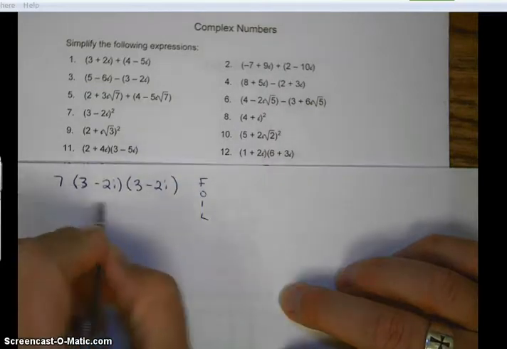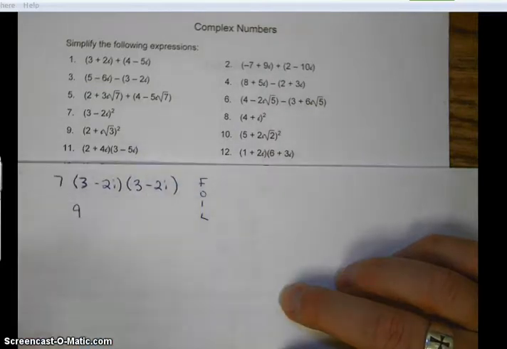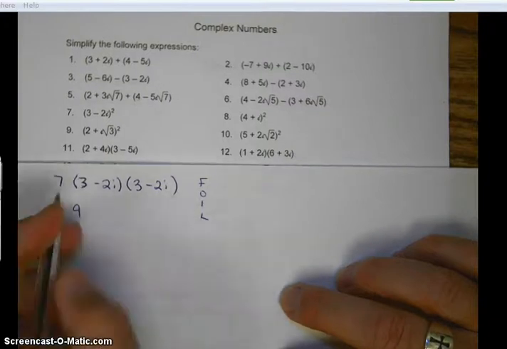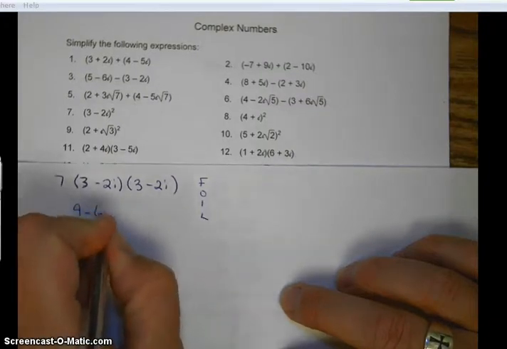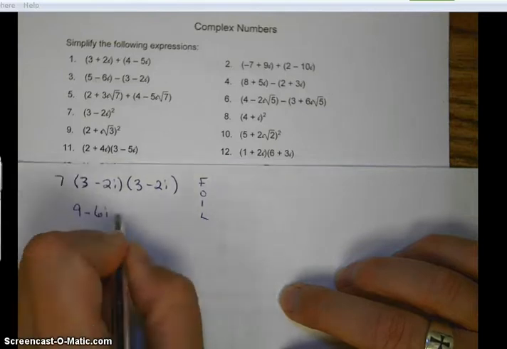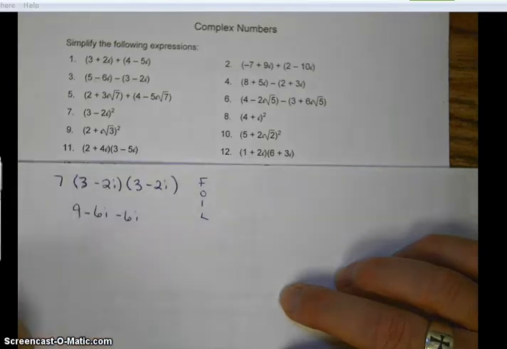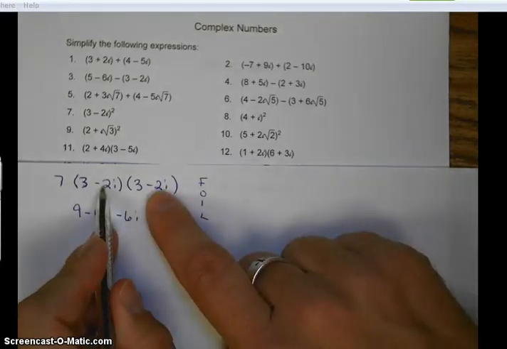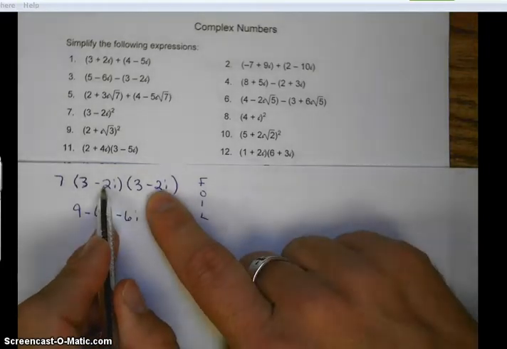First terms, 3 times 3. Outer terms, 3 times negative 2i. Inner terms, 3 times negative 2i. And then last terms. So negative 2 times negative 2 is 4, positive 4.